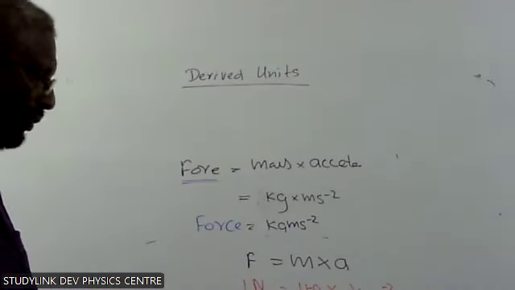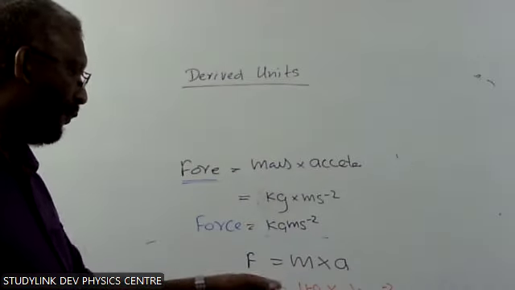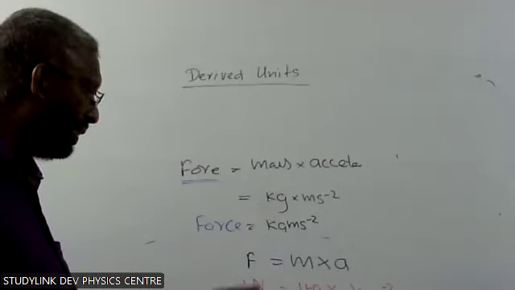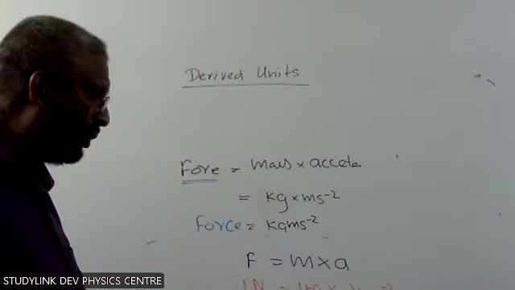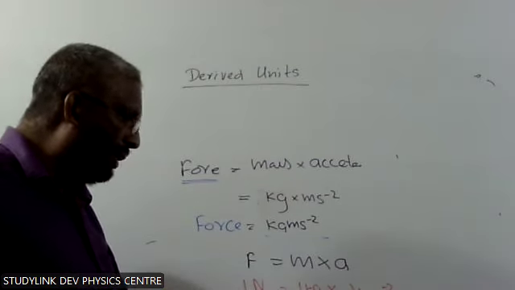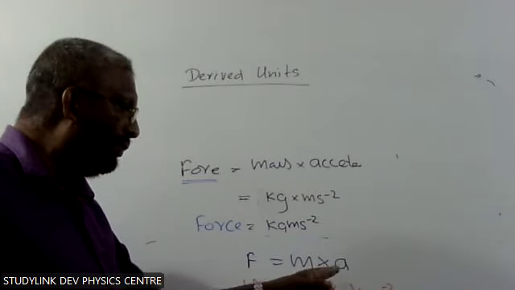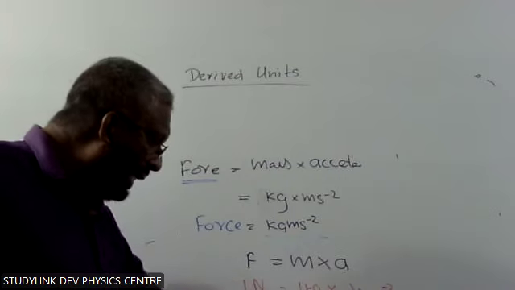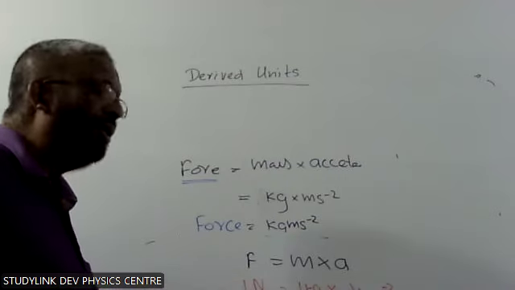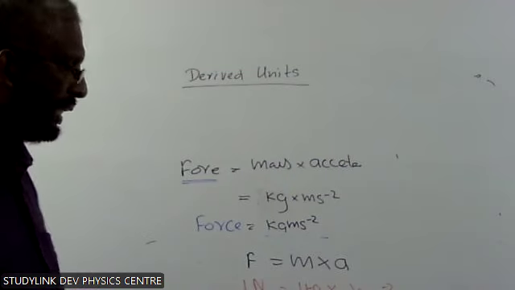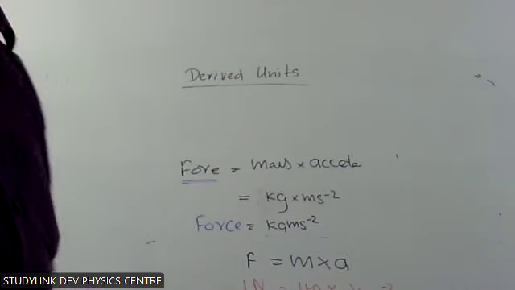How to define it now? A force required to, required means needed, the force needed to move an object of 1 kilogram with an acceleration of 1 m s^-2 is defined as 1 Newton. That is very easy for you to understand.